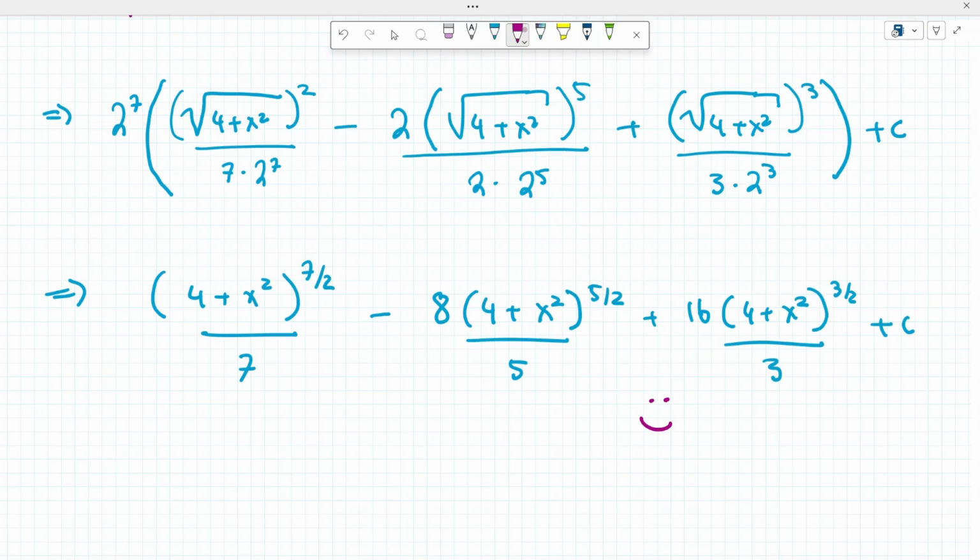And then always remember that before you think you're done, add the plus c, but then also make sure that you're going back and undoing those substitutions so that you end up with the correct variable in your final expression. So for our final expression here, we need it to be with respect to x.